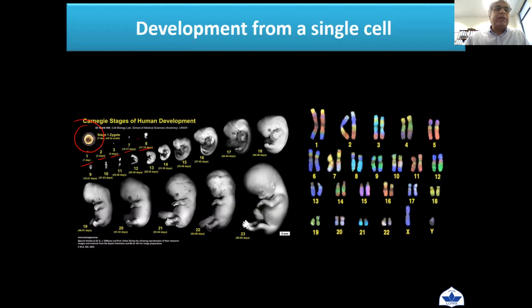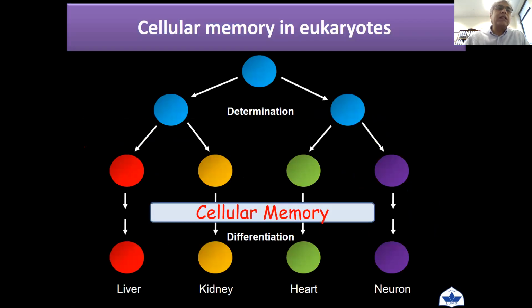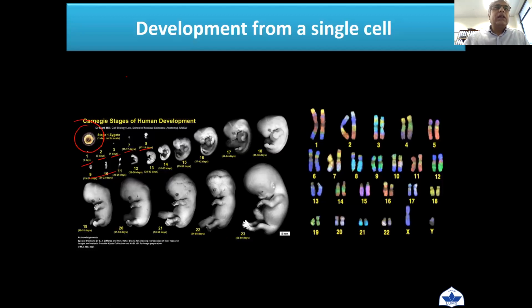This is the time, the first 3 weeks or so, where gastrulation is completed. You have 3 different layers, ectoderm, mesoderm, and endoderm formed.